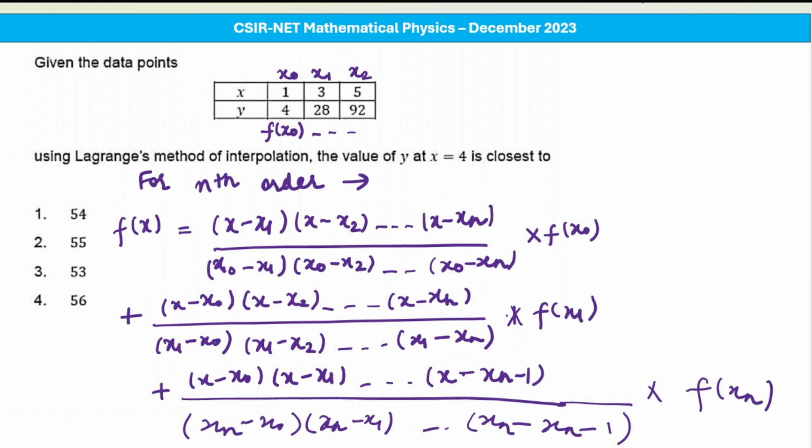This is a huge formula, but once you remember it, you will start to plug in the values, and it is a very simple question. So for second order, here we have 3 data points. So the order is second, n is equal to 2.